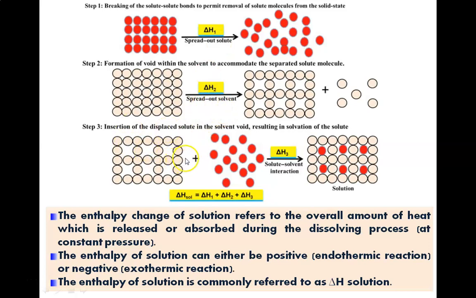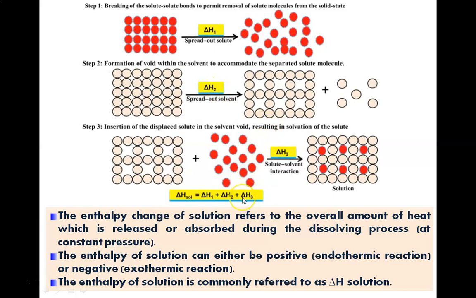After that, if the solute and solvent interaction is much stronger, then definitely the solute molecule goes into the void spaces created by the solvent, and there is a solute-solvent interaction. So the total change in enthalpy, that is delta H of solution formation, is nothing but delta H1 plus delta H2 plus delta H3.